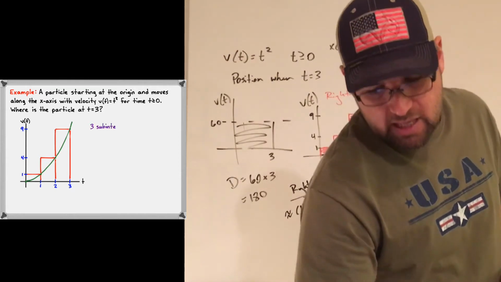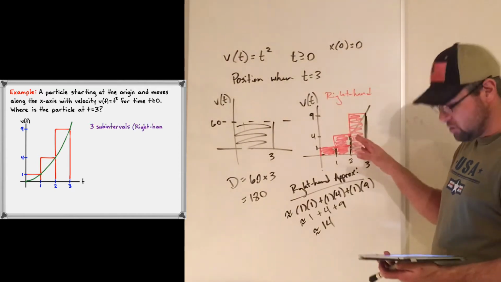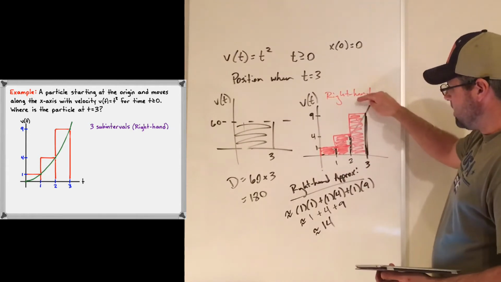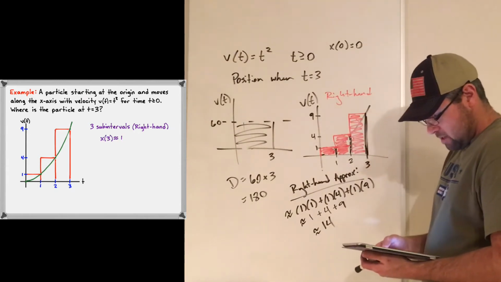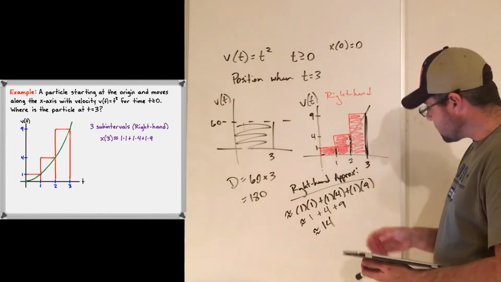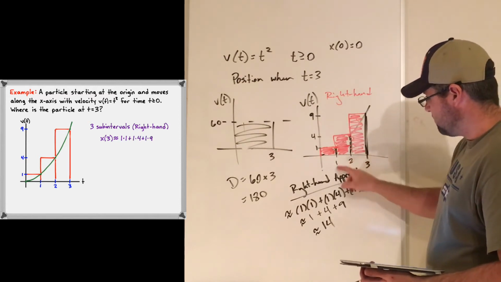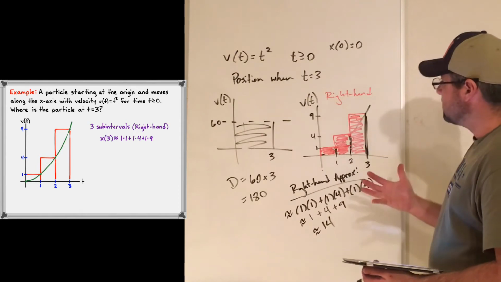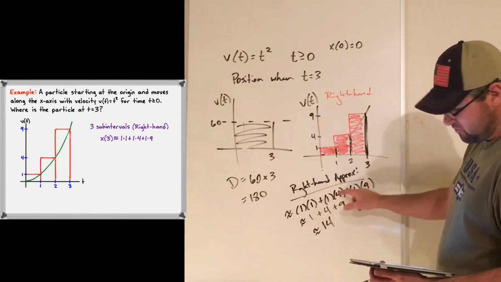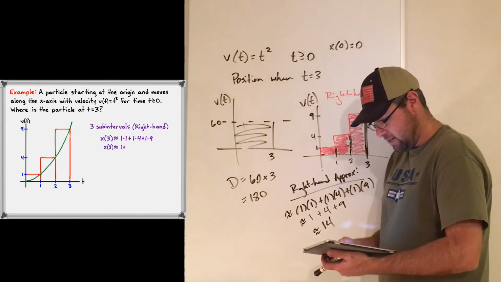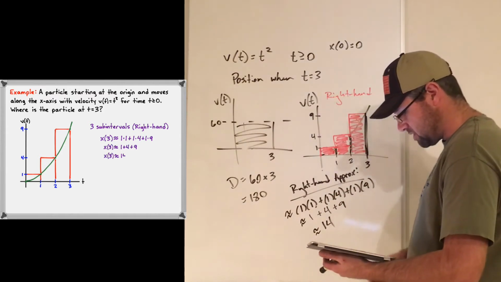So that is using 3 subintervals that are a right-hand approximation. v of 3, v of 2, and v of 1 were our heights. x of 3, or the position when t equals 3, is 1 times 1, 1 times 4, and 1 times 9, all added up, which gives you, again, 14.